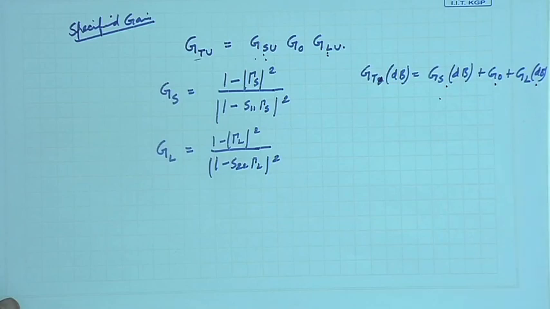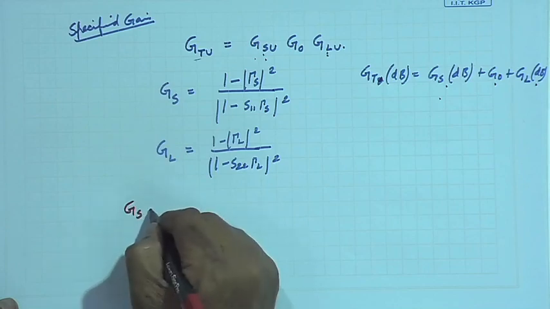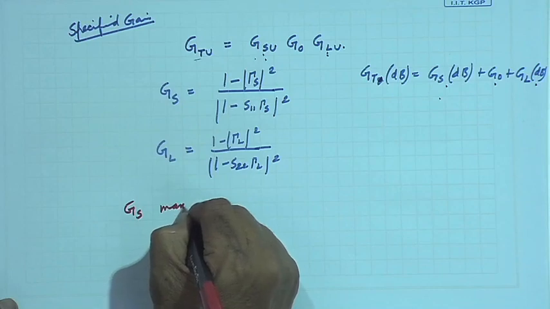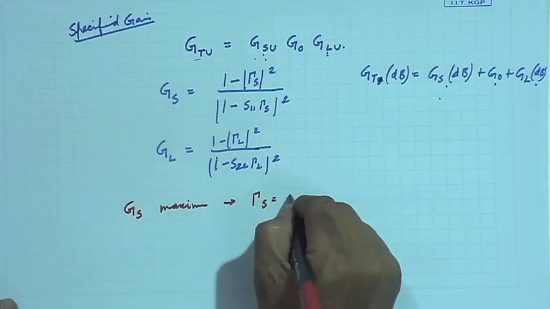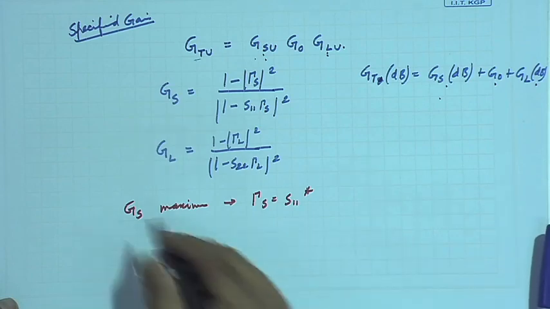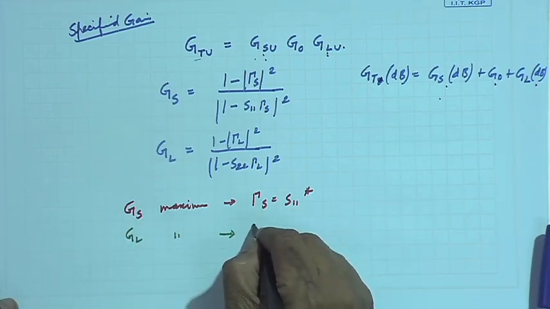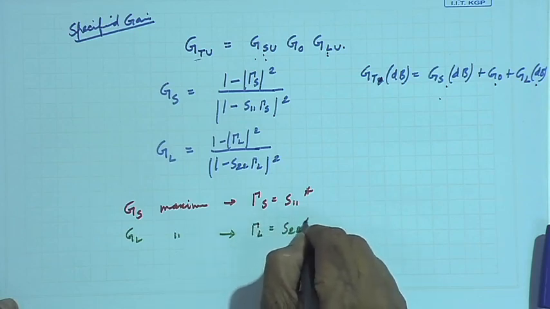Now, out of this, you see this GS value is maximum if I can choose gamma S equal to S11 star. Also, GL will be maximum if I can make gamma L equal to S22 star.